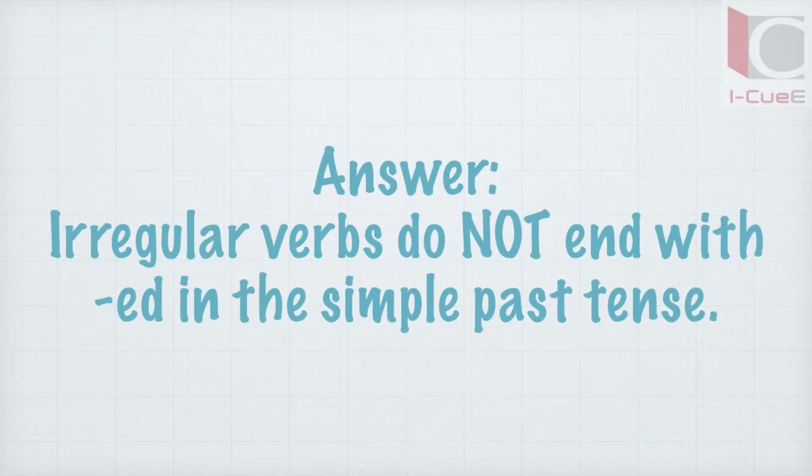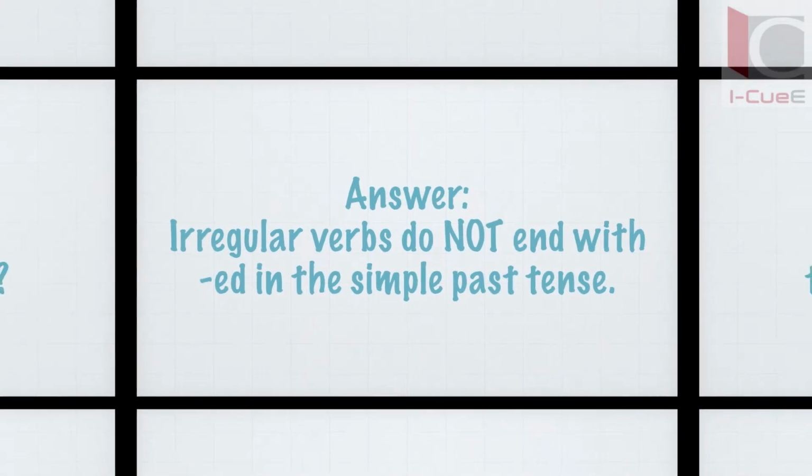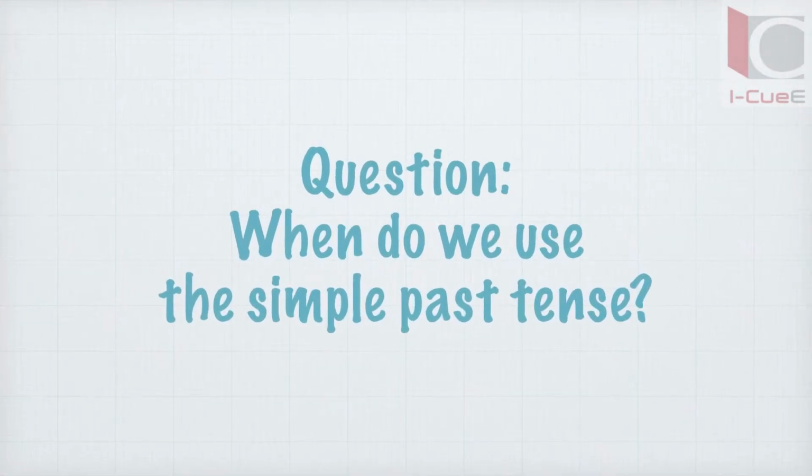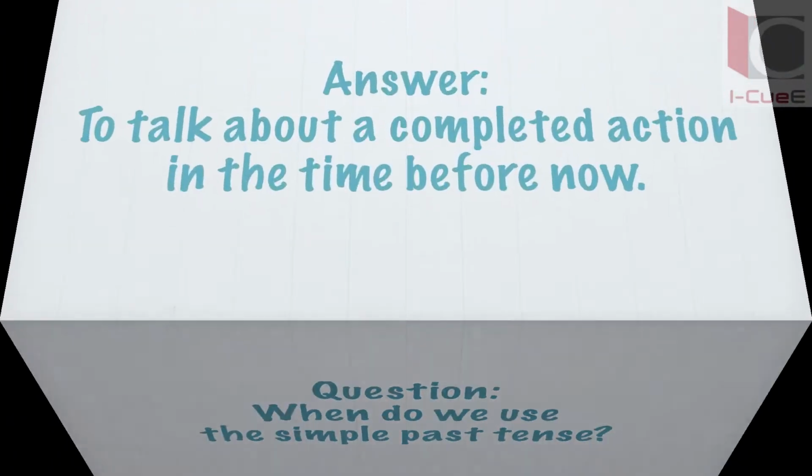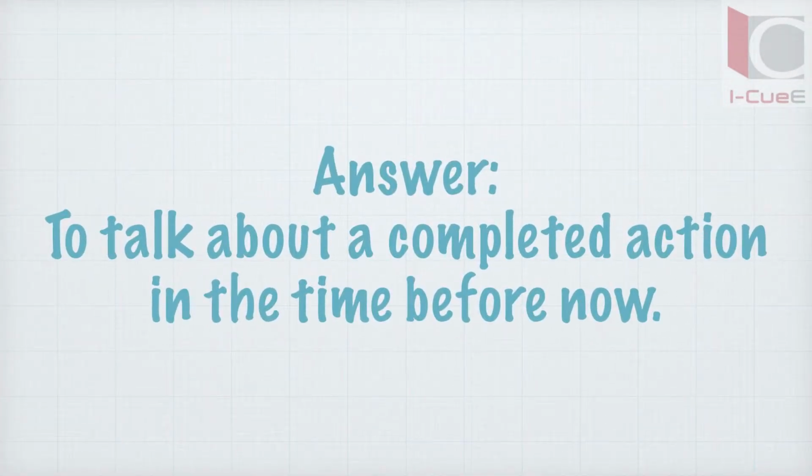Irregular verbs do not end with ed in the simple past tense. When do we use the simple past tense? To talk about a completed action in the time before now.